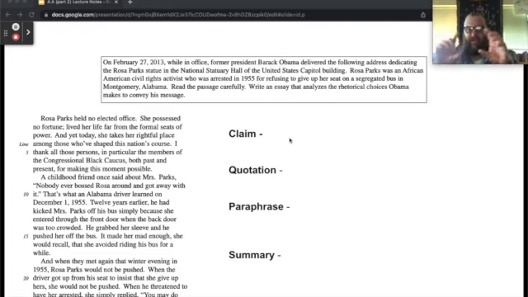The claim, I should have revealed it to you here, is I said, Obama's language emphasizes Ms. Parks' strength in the face of inequality. Okay, let me say it one more time. So where in that text do you see Obama's language emphasizing Rosa Parks' strength in the face of inequality or adversity? That was the claim that we're trying to get to.